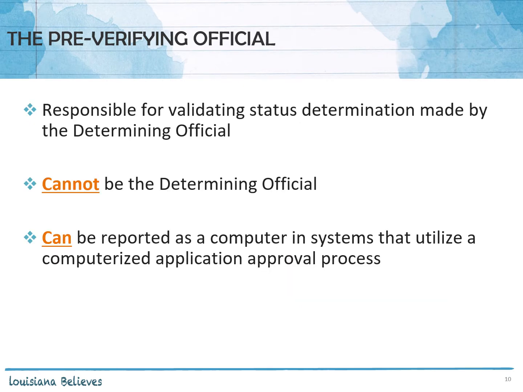When applications are pulled for verification, the pre-verifying official will first check the application to confirm that the status was appropriately determined. This person may not be the determining official. However, the pre-verifying official can be reported as a software program that has the ability to check and approve applications. Collection officials are recorded annually in the C&P online application.